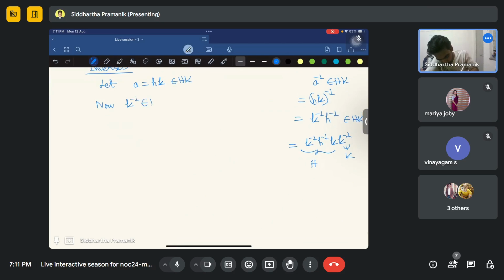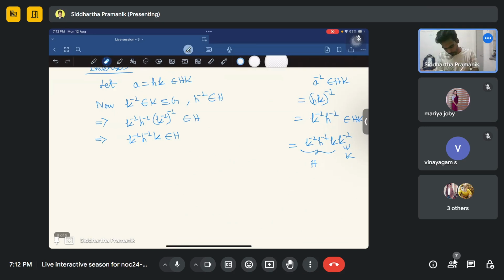K inverse belongs to K, which is a subset of G, and H inverse belongs to H. So this implies K inverse H inverse and inverse of K inverse must belong to H. But this is the same as K inverse H inverse K. So it belongs to H. So K inverse H inverse K, K inverse must belong to HK.